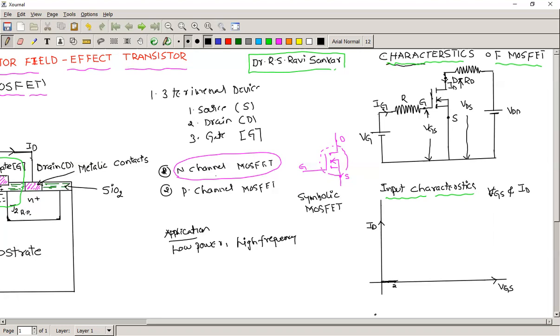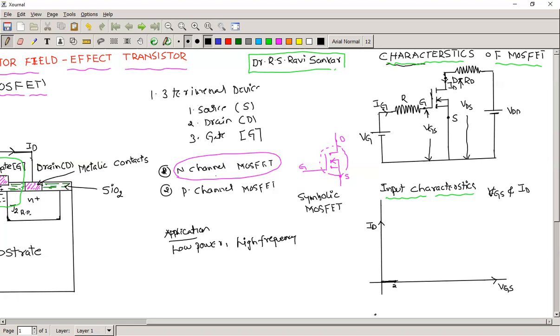Whatever field is created from the gate terminal is sufficient to break down the junction J2. That is only 2 to 3 volts. Up to that value, the device is in the off state. So at this voltage, the junction J2 will break down. I think just now you have seen that the junction J2 will break down.